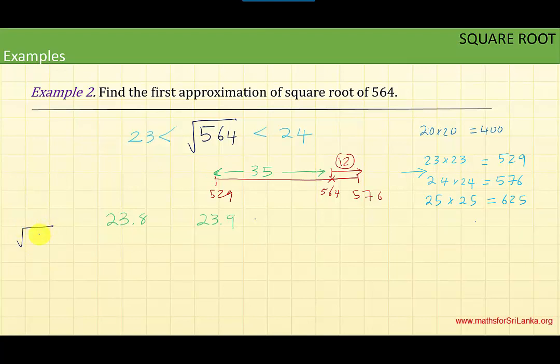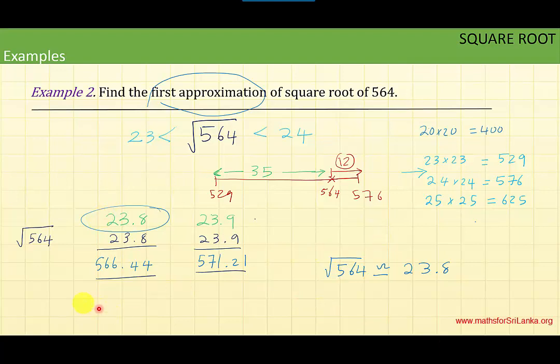Looking at the square root of 564, let's multiply 23.8 with 23.8 and also 23.9 with 23.9. Now I got over here 566.44, and this one I got 571.21.